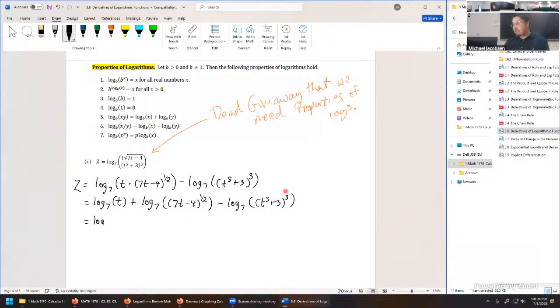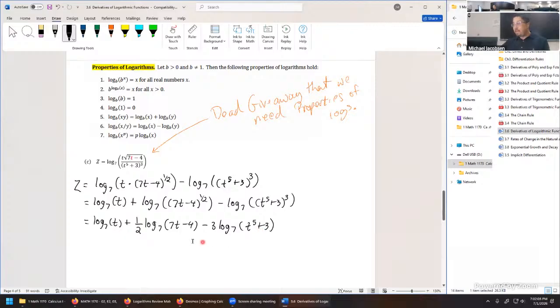And this is now log base 7 of t plus 1/2 log base 7 of 7t minus 4. And same with that power 3. It becomes minus 3 log base 7 of t to the power 5 plus 3.